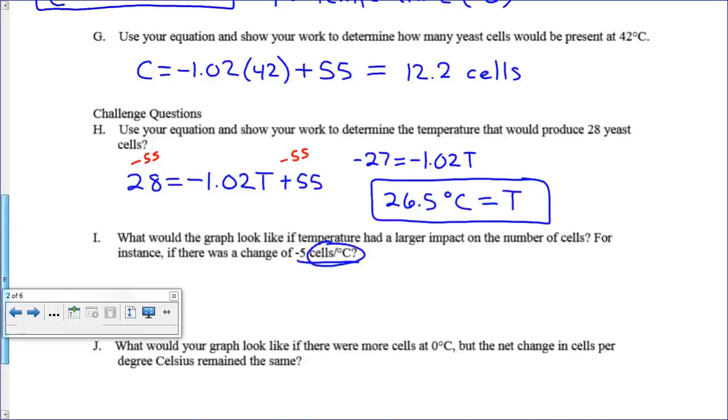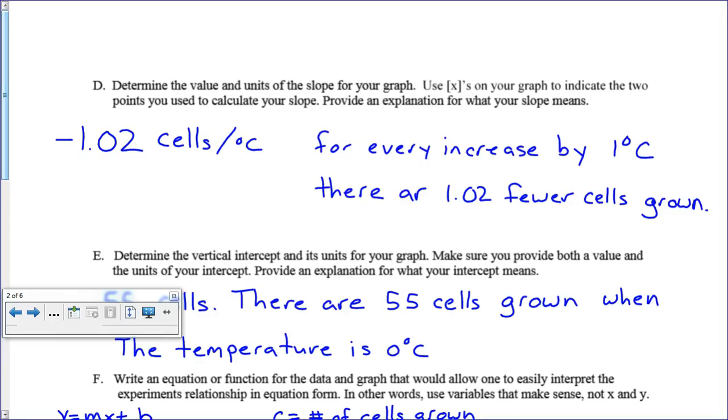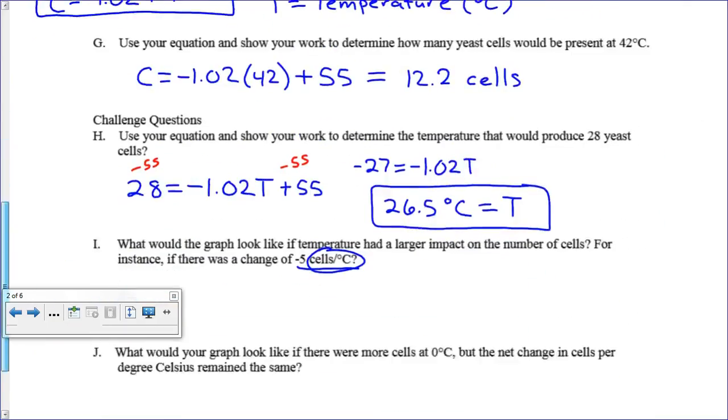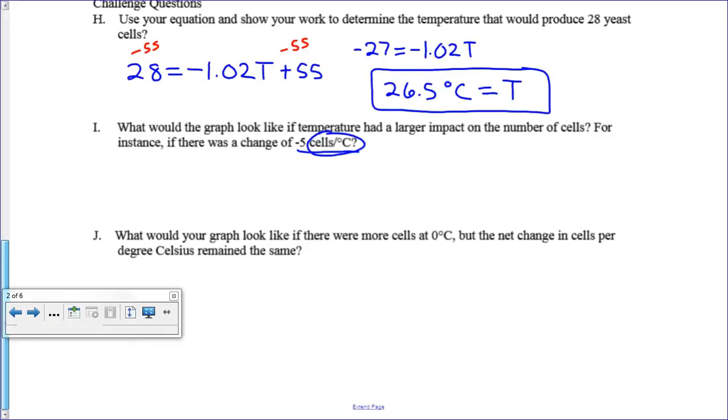So if we look up here at the top of this page, we see that cells per degree Celsius is the units on our slope. And our slope here was negative 1. All right, it's saying, imagine if this change was negative 5 cells per degree Celsius. And so what's really happening here is that the graph would have a steeper slope.